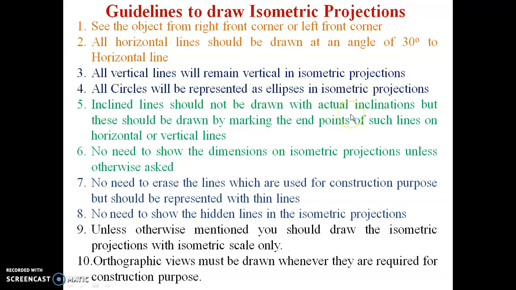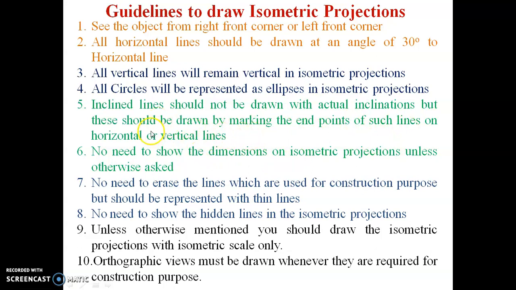So if you have any circle or circular lamina, that will be represented as an ellipse. Then the fifth point: inclined lines should not be drawn with actual inclination, but should be drawn by marking the endpoints of such lines on the horizontal or vertical lines.